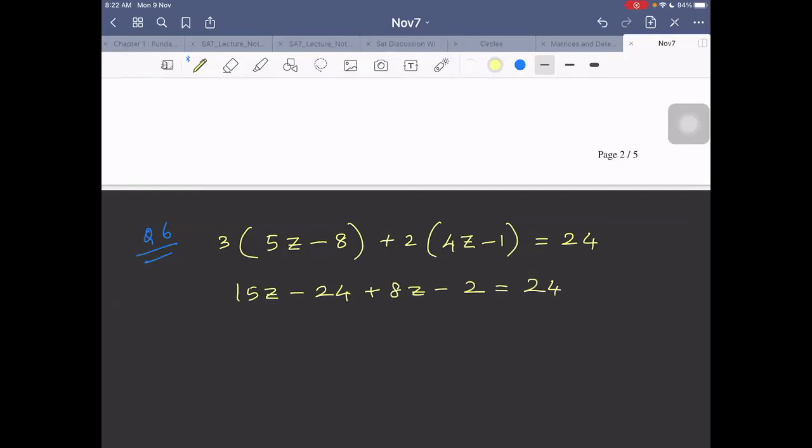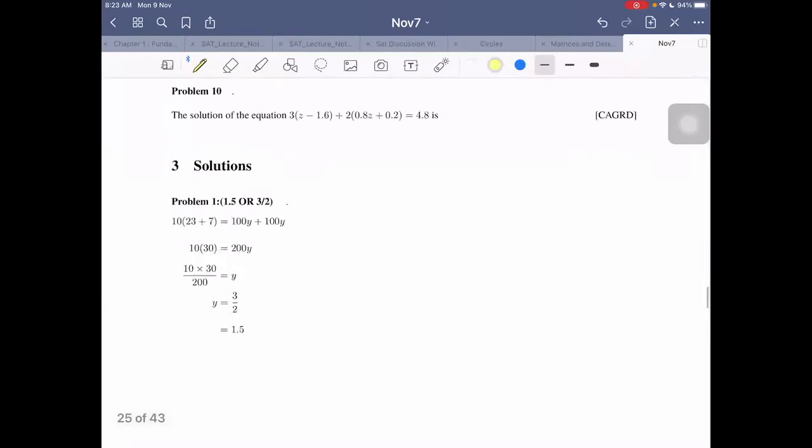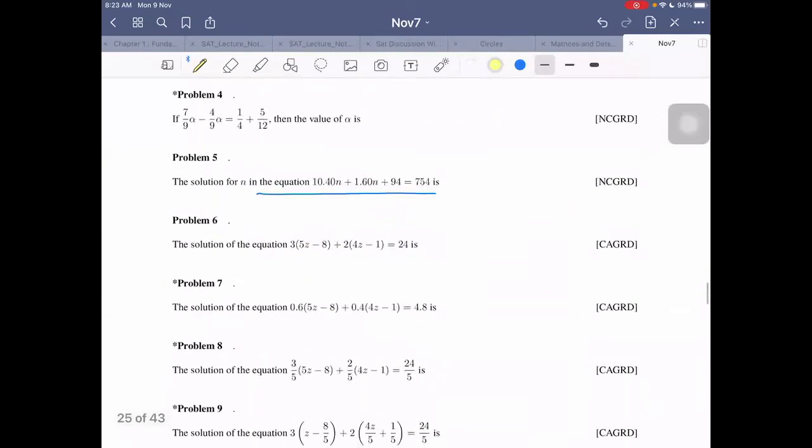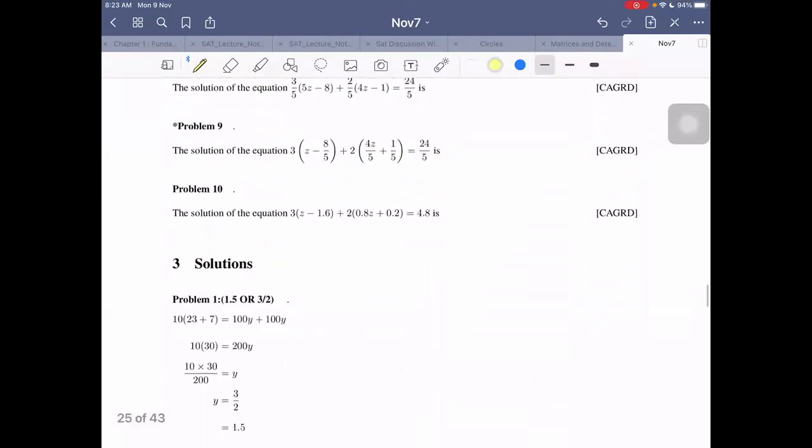You just combine the like terms. The like terms being 15z and 8z. So that is going to be 23z. I'm sorry, I made a mistake when writing down the question. No, it's correct only, right?